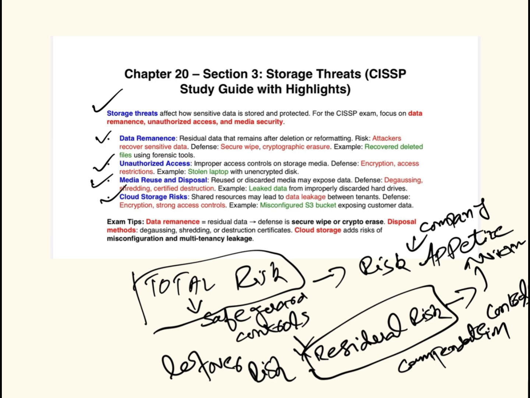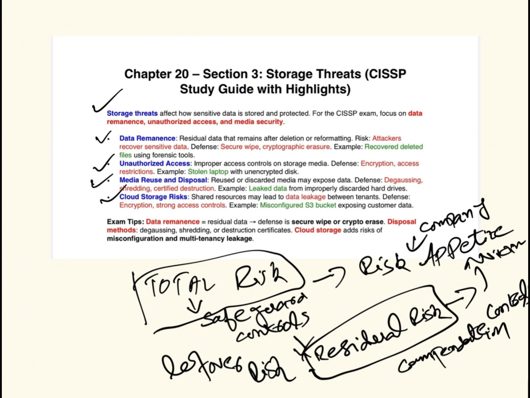Now let's quickly summarize all those topics. Data remnants: leftover data after deletion, such as a recovered deleted file; the defense is secure wipe or crypto erase.